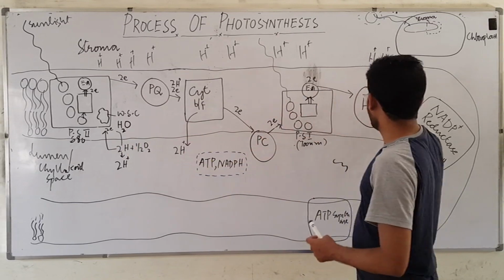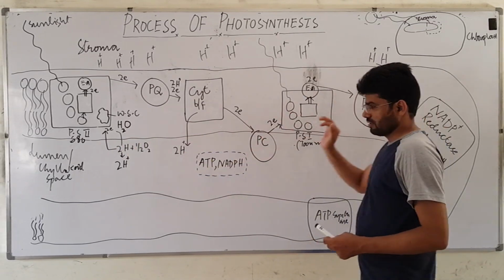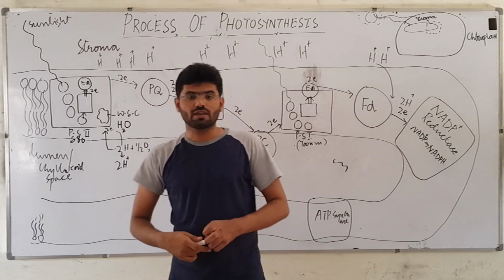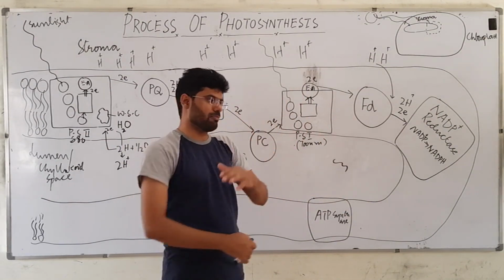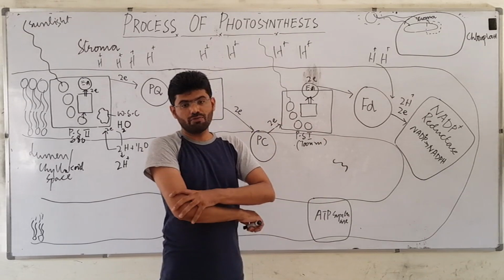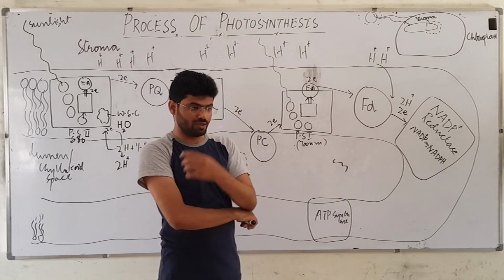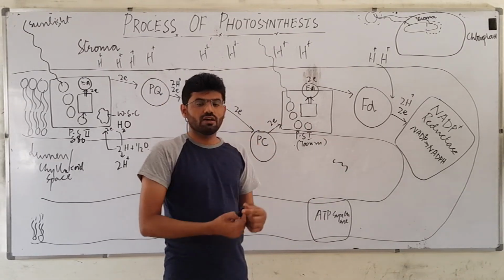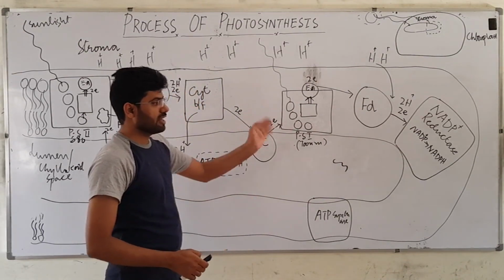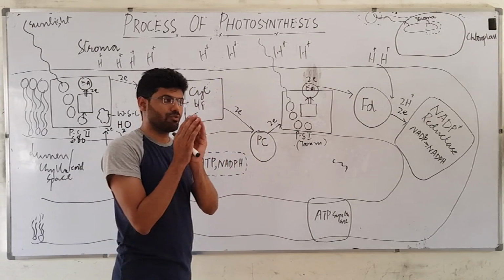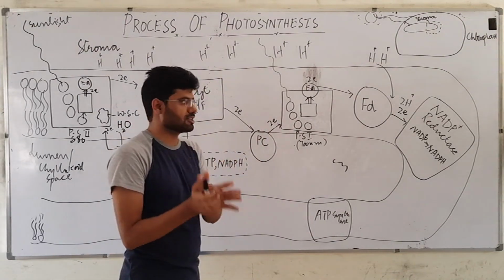And if you remember, the reduction of NADP into NADPH we discussed in chapter number 2 of first year biological molecules, when we were discussing mononucleoside or the mononucleotide. At that time we discussed we give two hydrogen atoms.